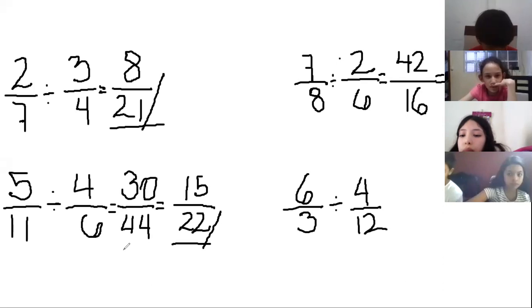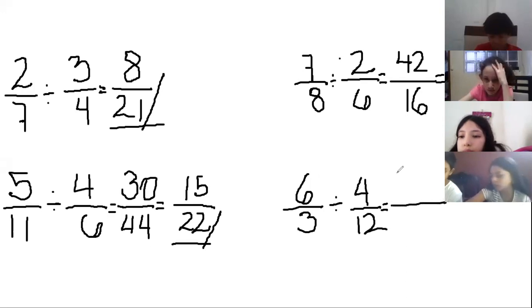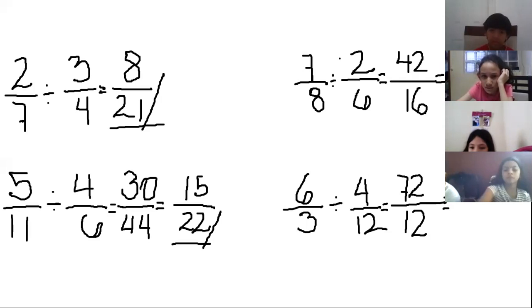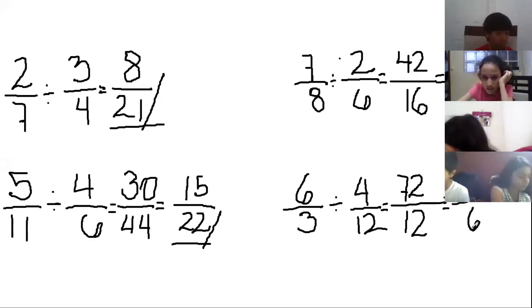6 times 12. How much is it? 72. Very good. And 3 times 4 is equal to 12. Can I simplify? Yes, of course. 36 over 6. And can I simplify this?